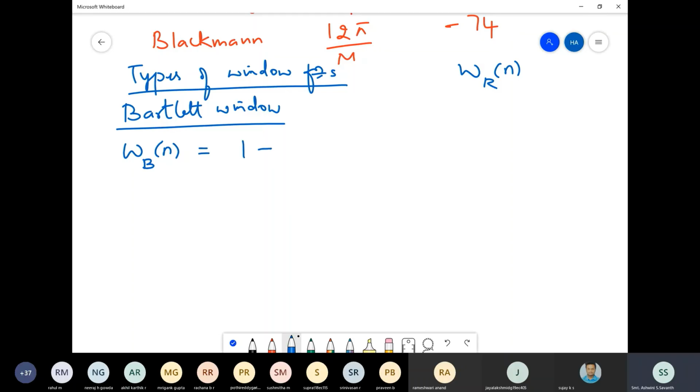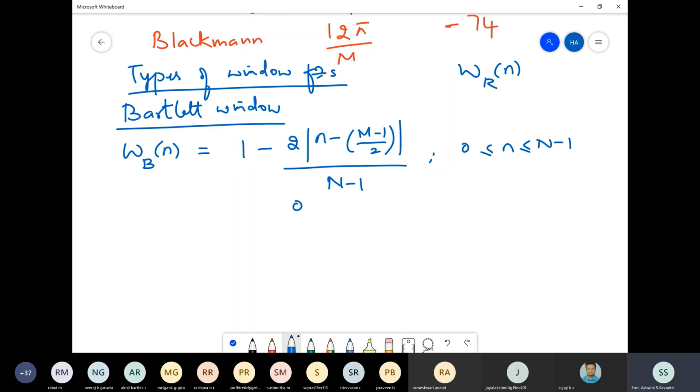The equation is 1 minus 2 times the magnitude of n minus (M minus 1)/2, divided by M minus 1, in the interval 0 to M minus 1, and 0 otherwise. So how does a Bartlett window look like? A Bartlett window has a triangular shape.